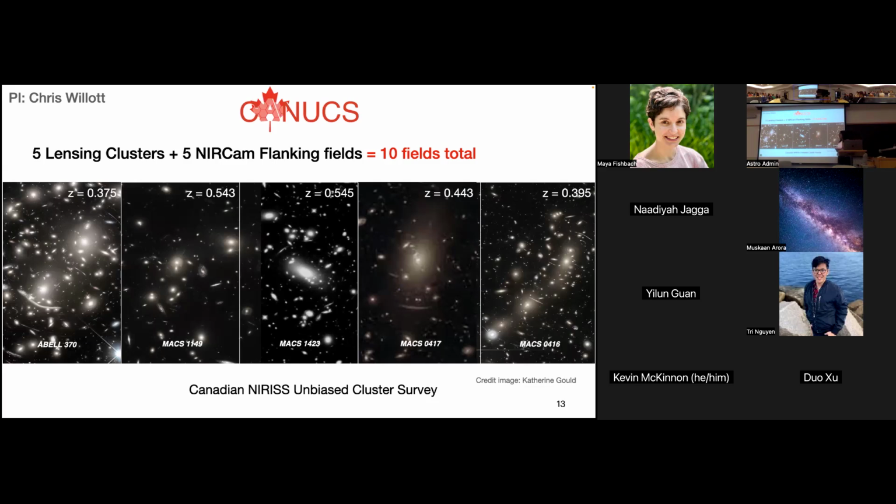So we have highly gravitationally lensed galaxies. Therefore, we can see quite far to high redshift galaxies. And with each field, there also comes an extra flanking field from NIRCam. So in total, we have 10 fields, which is quite a lot.